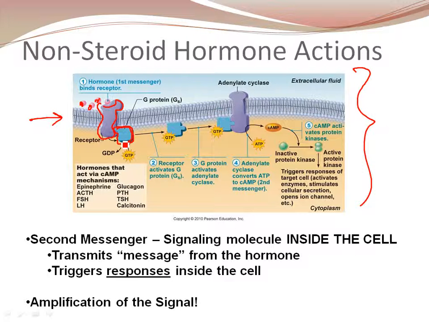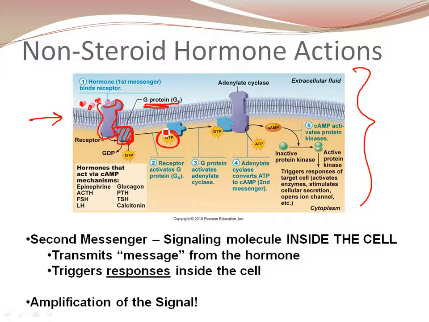But when the hormone binds to its cell surface receptor, the receptor changes shape, which now allows it to bind to a G protein that's also sitting there in the membrane. They can't bind together unless first the hormone binds to its receptor. The next thing that happens, this G protein here binds a GTP molecule.